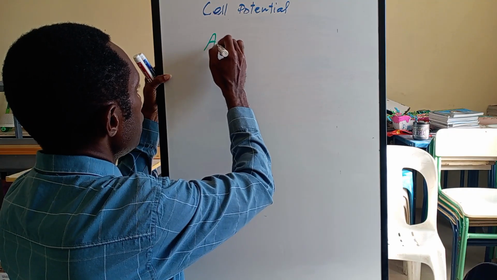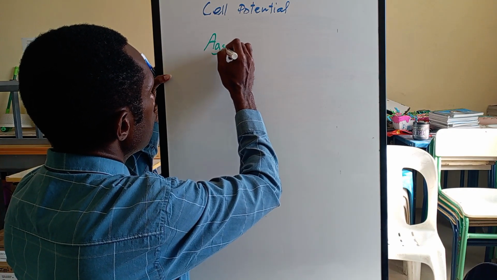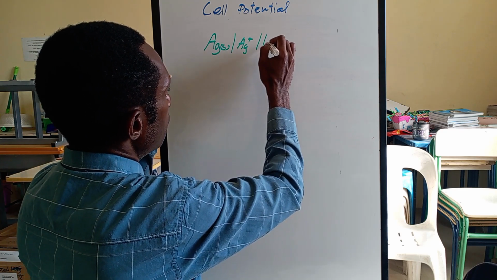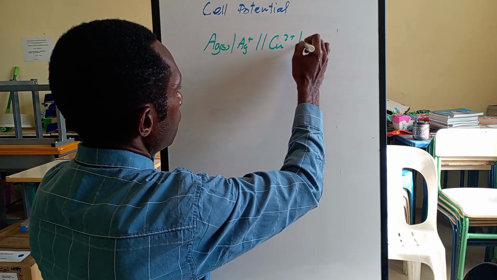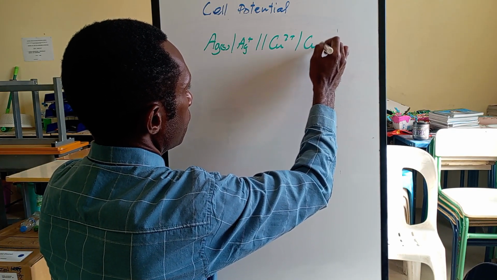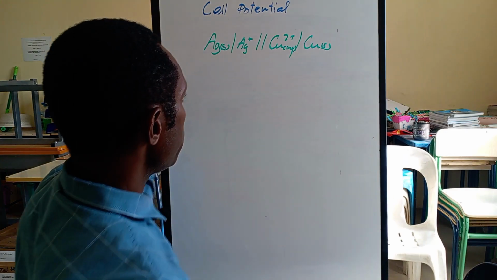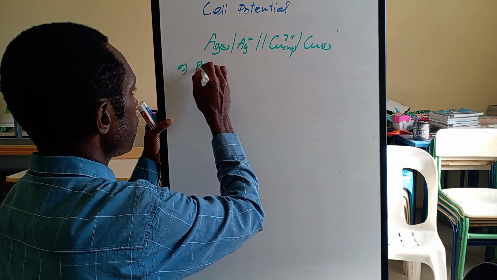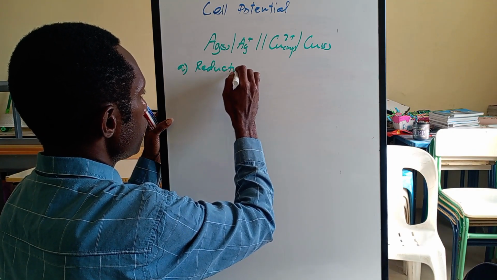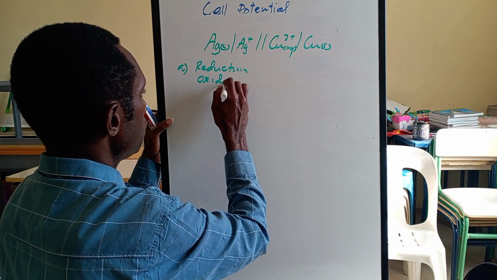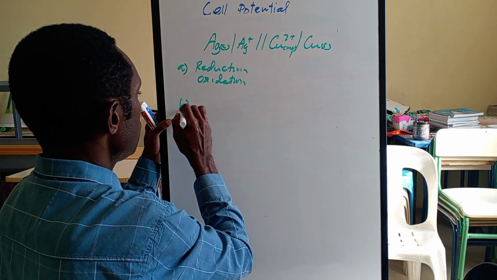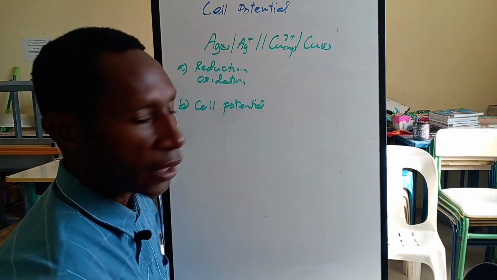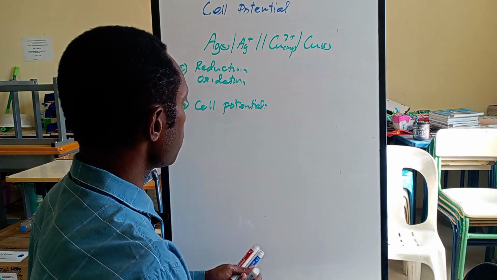So you might be given something like this: Ag solid, Ag+, Cu2+, and Cu solid. You might be given something like this and they ask you to write the reduction equation, oxidation equation, and the cell potential. Okay, you might be asked to do all these things.